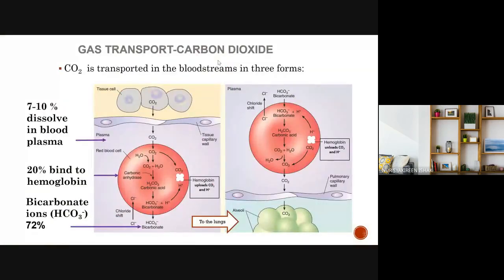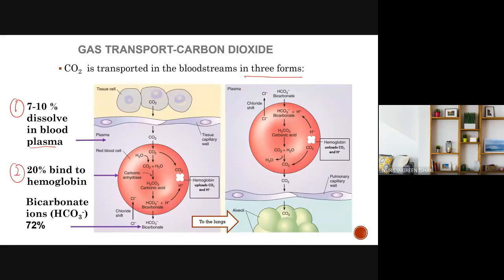Okay, so next, now we are going to look at how carbon dioxide is transported. Ini antara kena tahulah juga. Okay, kena tahu. Okay. So carbon dioxide is transported in the bloodstream in 3 forms. Form yang pertama is, ini awak kena ingat dia punya percentage juga. So 7 to 8% dissolves in blood plasma. Okay.